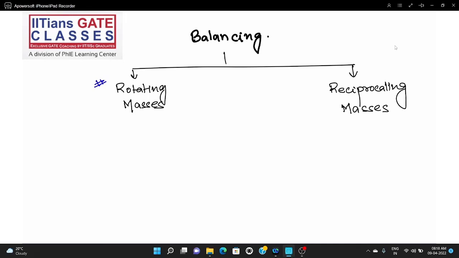Reciprocating masses are generally found in the IC engine, or reciprocating compression. If you are using similar kinds of reciprocating engines, then definitely balancing of reciprocating mass will be required, especially in IC engine. This is a very important point.